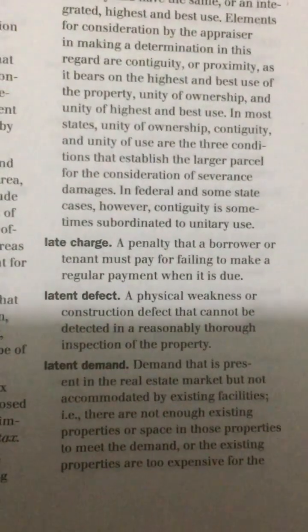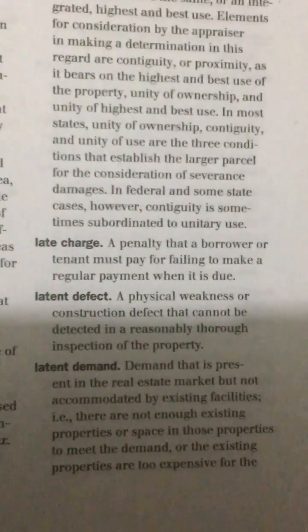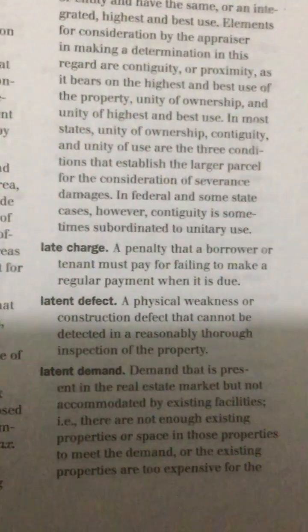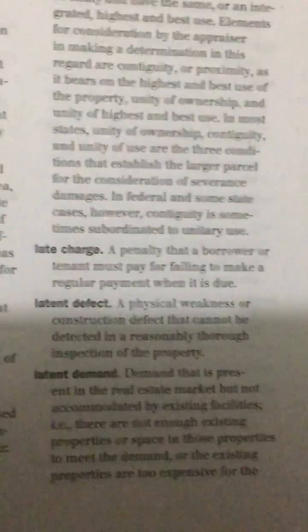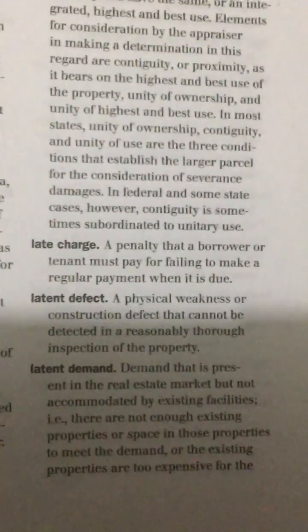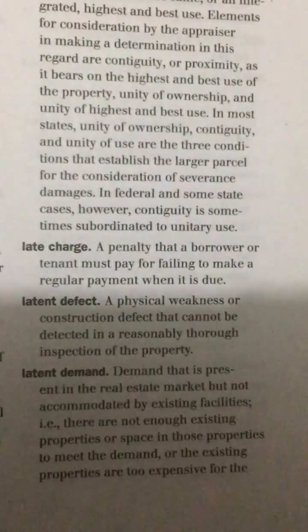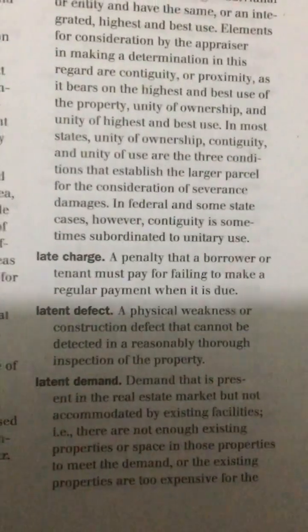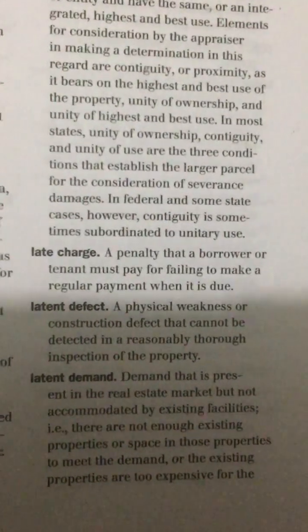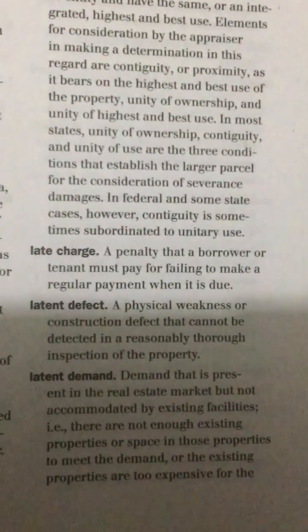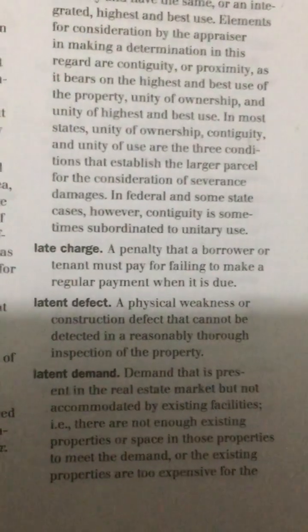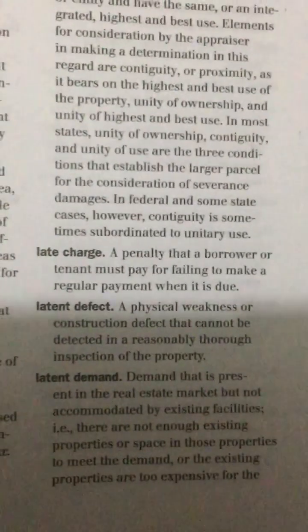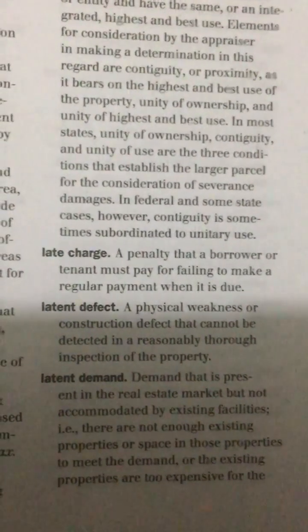Late charge. A penalty that a borrower or tenant must pay for failing to make a regular payment when it is due. Latent defect. A physical weakness or construction defect that cannot be detected in a reasonably thorough inspection of the property.